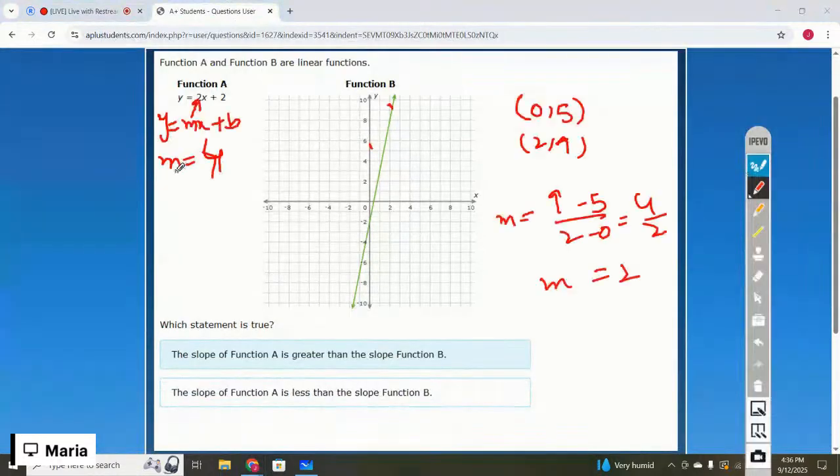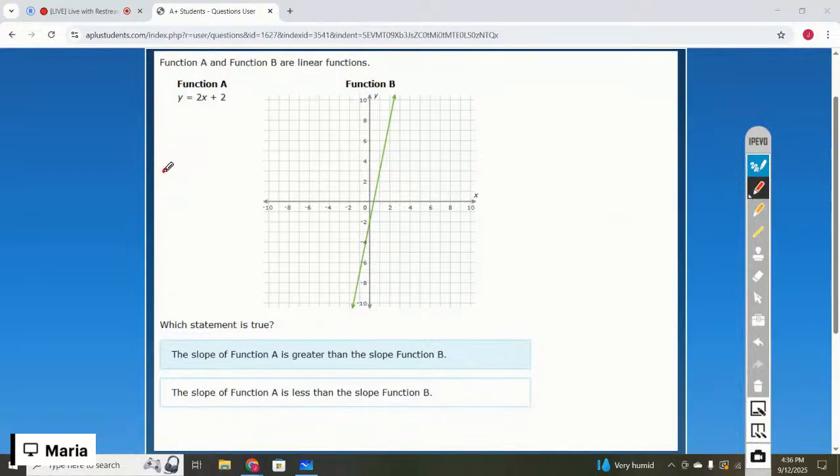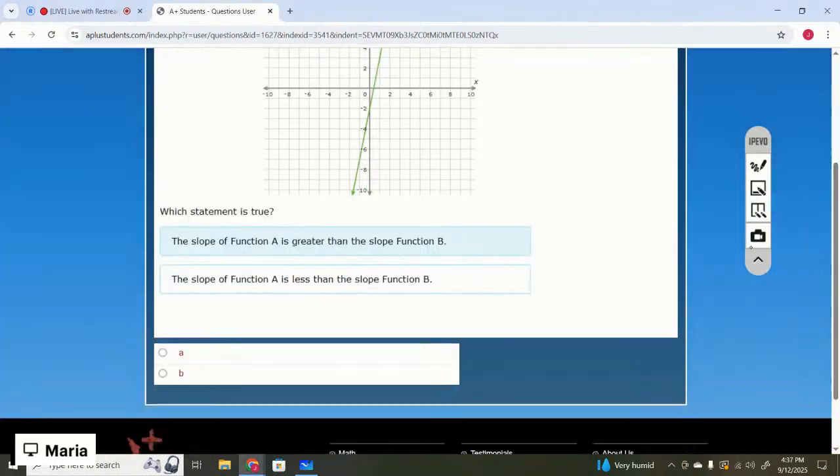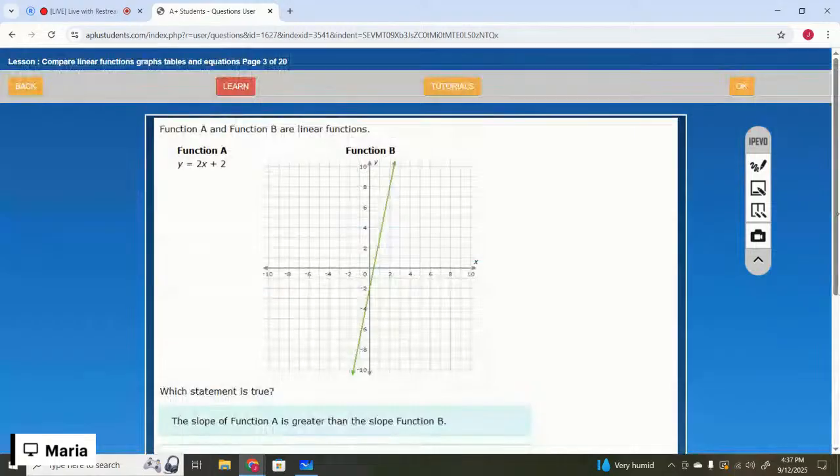The slope of function A is 2. The slope of function B is 3. So the slope of function A is less than the slope of function B. B is the correct option.